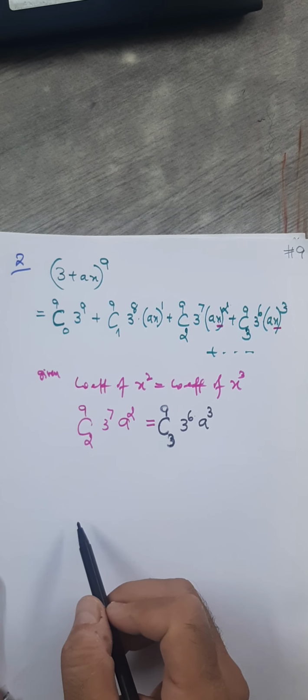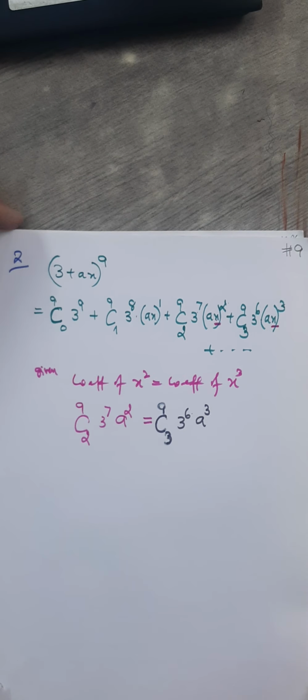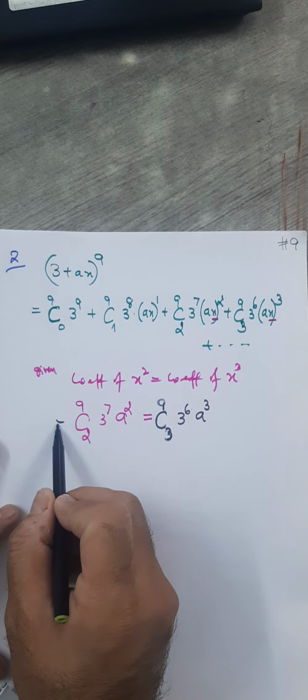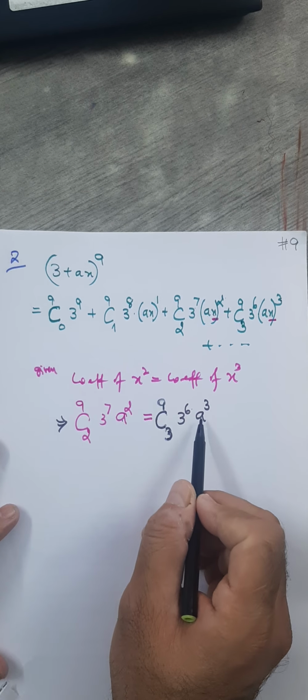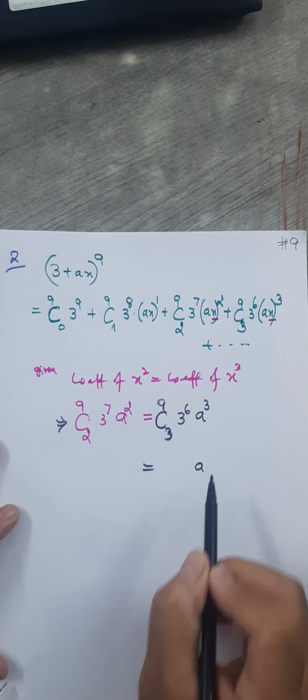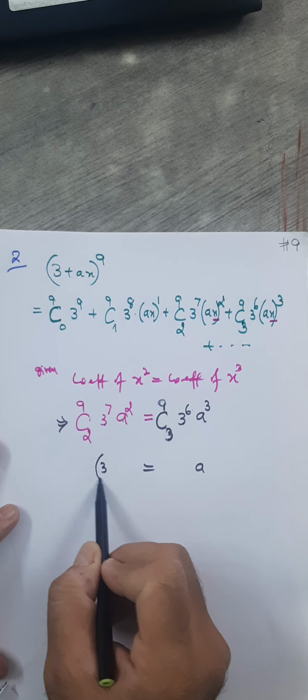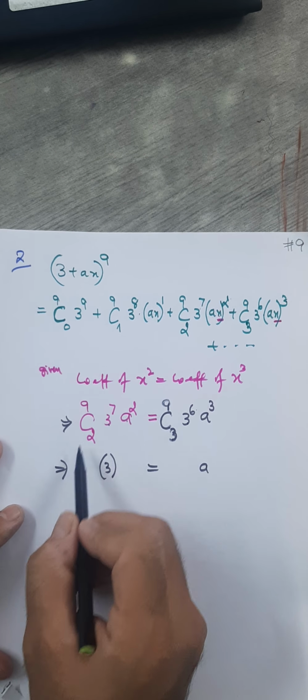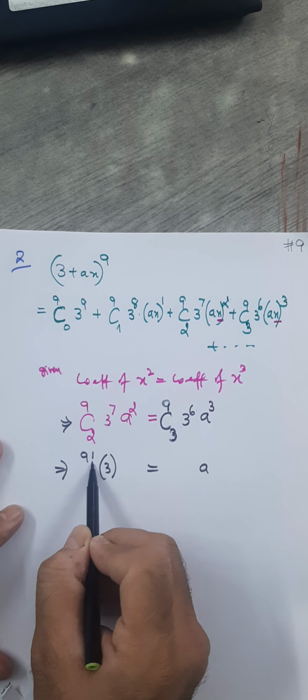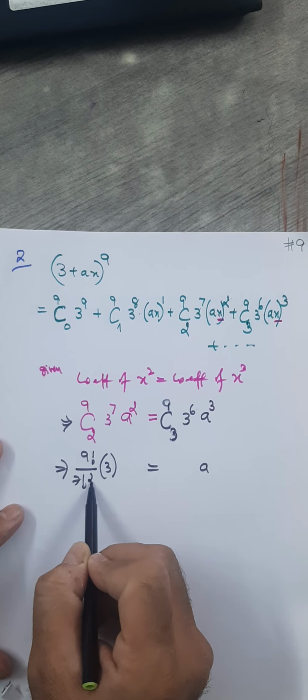Fine. Now we just simplify. So we'll get the value of a squared and a cube, so you're just left with a. 3 raised to 7 and 3 raised to 6, so here we are left with 3. What is 9c2? 9 factorial upon 7 factorial into 2 factorial.